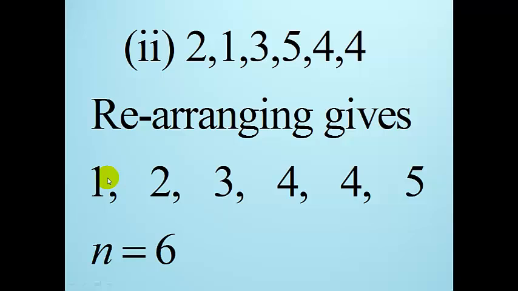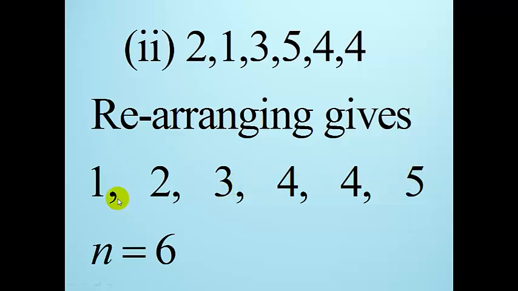Take note, when you are told to find the median of numbers, the first thing you have to do is to arrange the numbers in order of magnitude from the least to the highest. So instead of 2, 1, 3, 5, 4, 4, the arrangement gives us 1, 2, 3, 4, 4, 5.